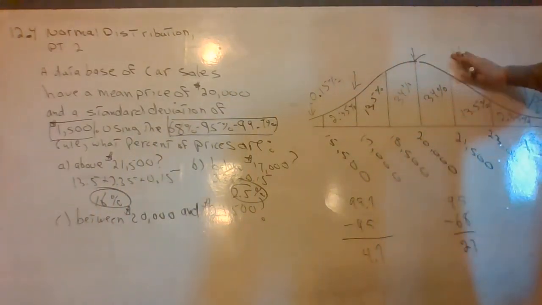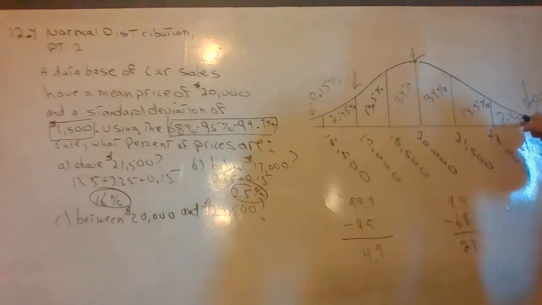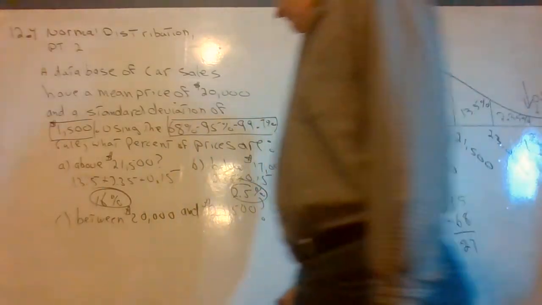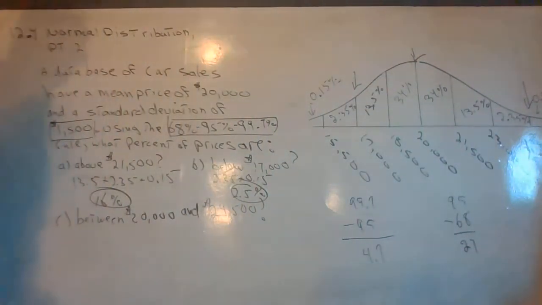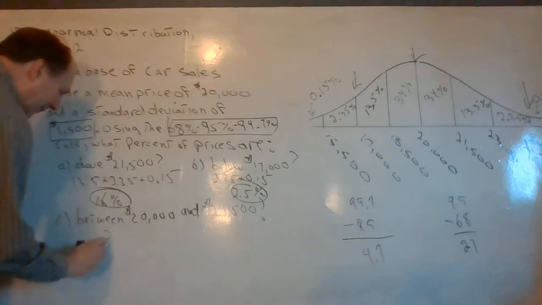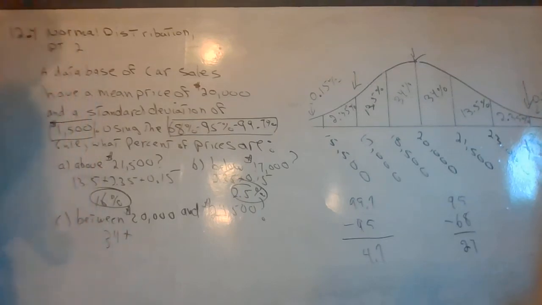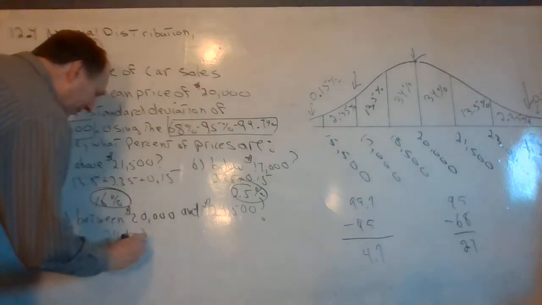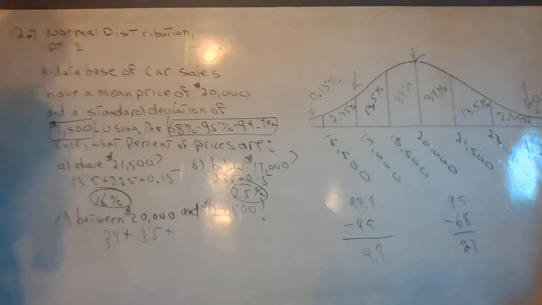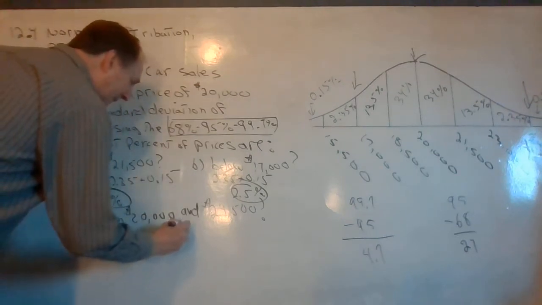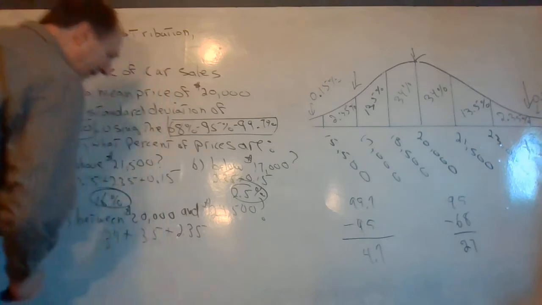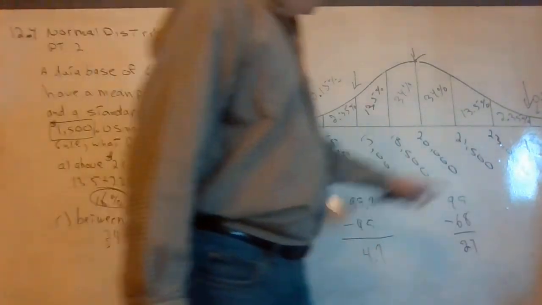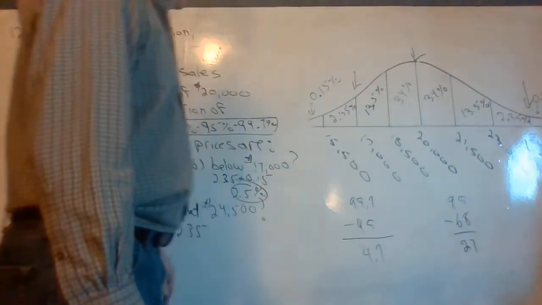Okay. Between 20,000 and 20,500... actually 20,000 is right here. 20,500 is right here. And so guess what? That plus that plus that. So we have 34 plus 13.5 plus 2.35. Can't add the 0.15, that's to the right of the arrow.